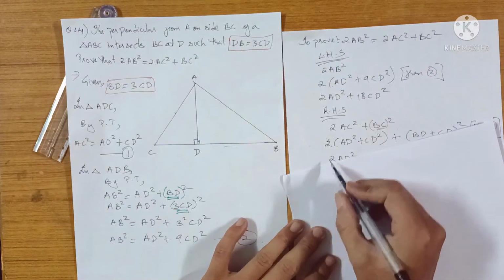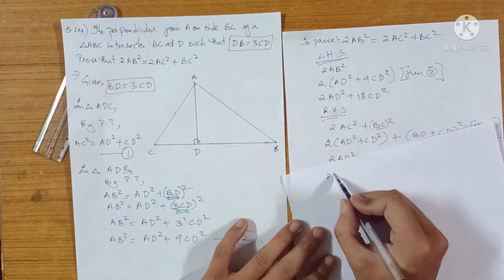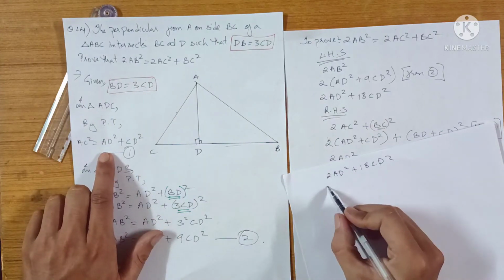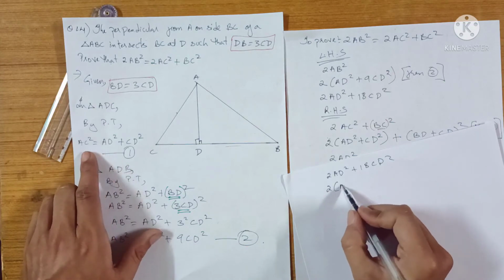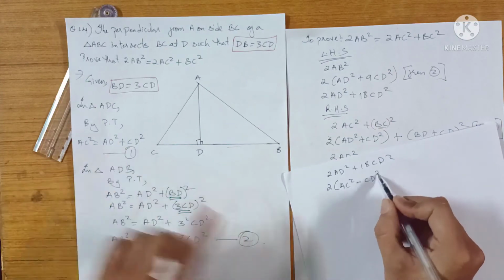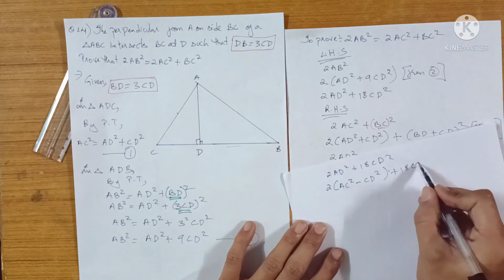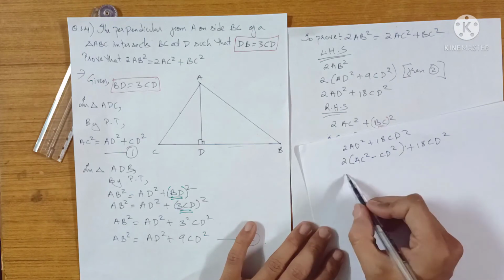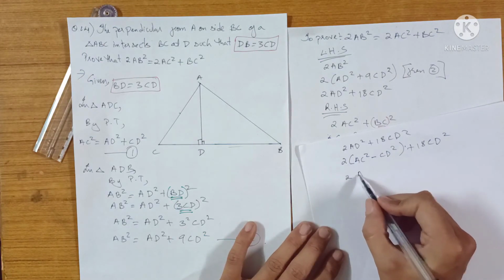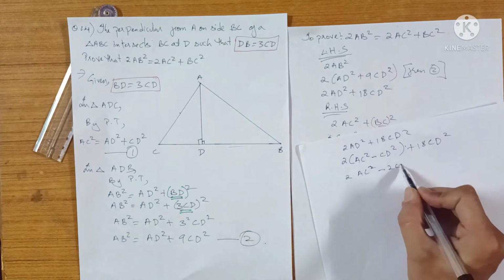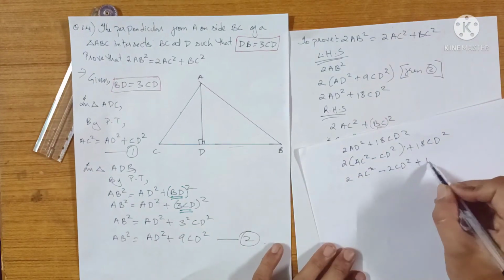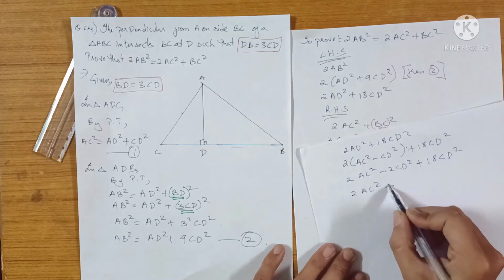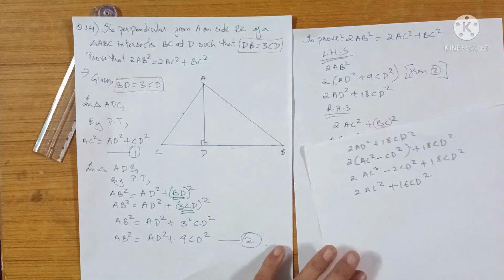If I do this, 2 times AD square plus 18 CD square, after this I could have replaced AD by 2 times AC square minus CD square plus 18 CD square. And then 2 times AC square minus 2 times CD square plus 18 CD square, 2 AC square plus 16 CD square.